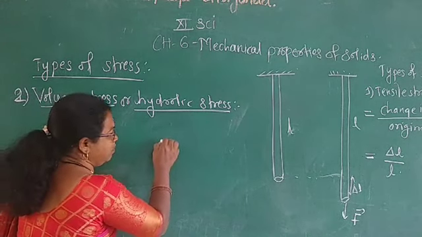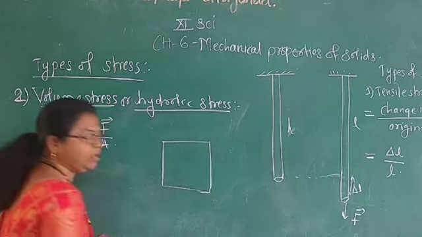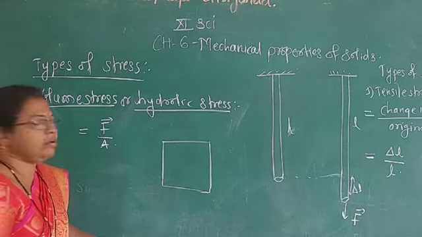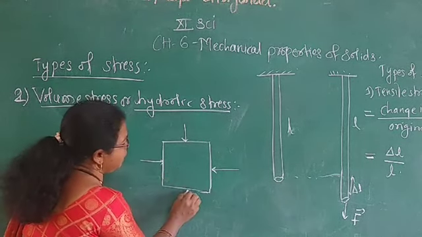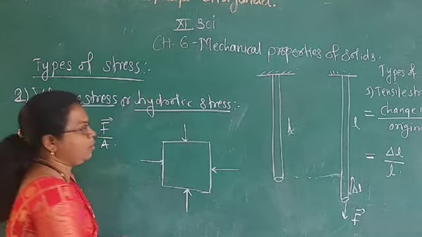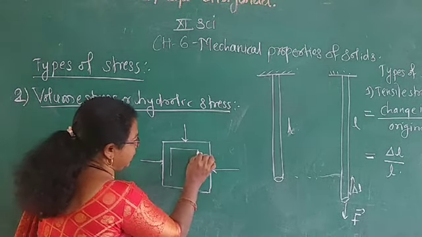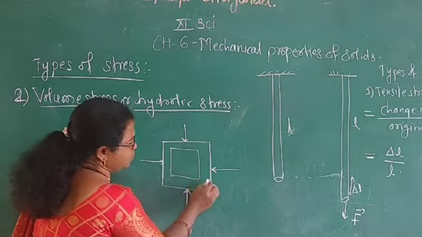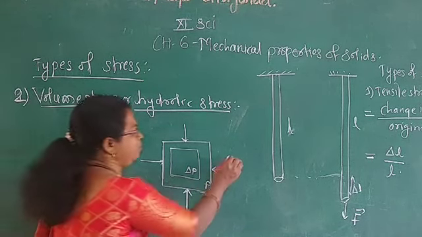Suppose consider there is a block, then if force from all directions is applied on it, then it compresses. Suppose this is P, and this becomes P plus delta P by applying force.